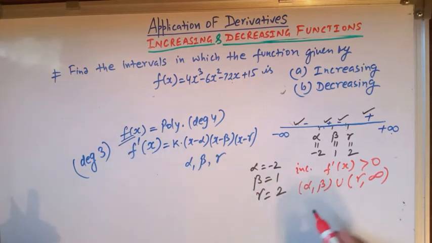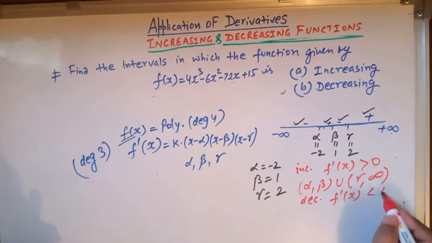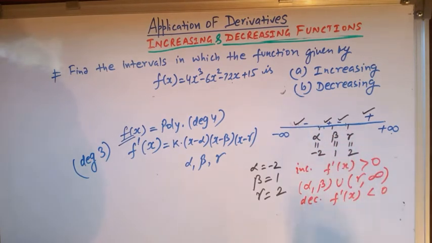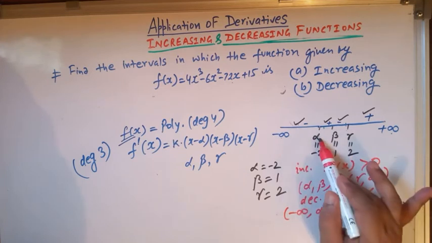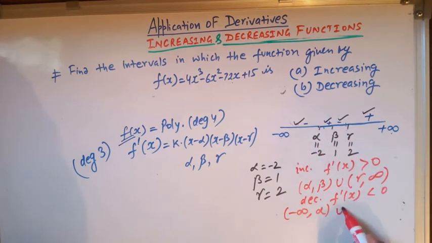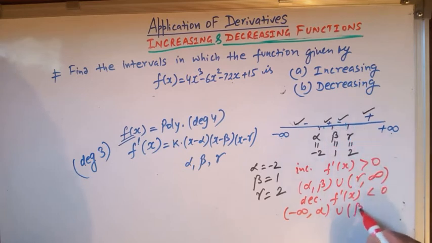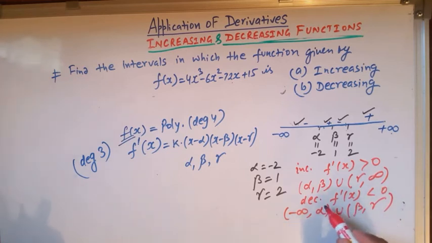Now this function f(x) is said to be decreasing if the derivative is less than 0. And on the number line we see that in the interval -infinity to alpha union beta to gamma, this is the interval in which this function f(x) is decreasing.